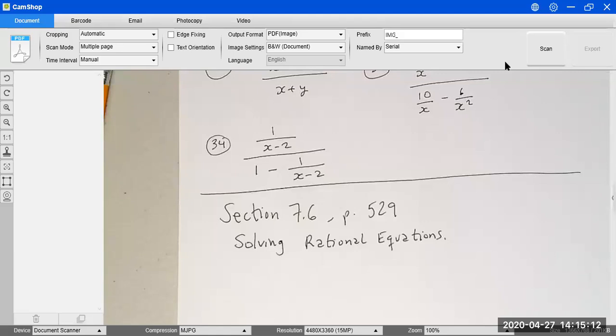So in section 7.6, which starts on page 529, we're going to learn how to solve rational equations.